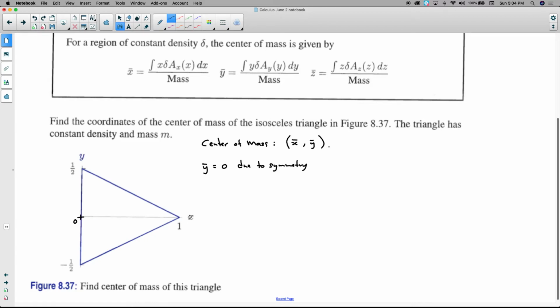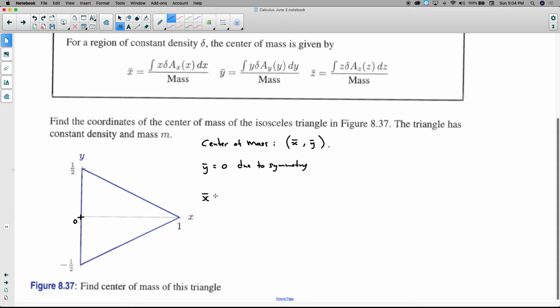So this thing is going to balance at this height, which is the height y bar. You can just think about this as a cutout piece of cardboard. You have a stick, it's going to balance right there. So that's a symmetry argument. And that's y bar.